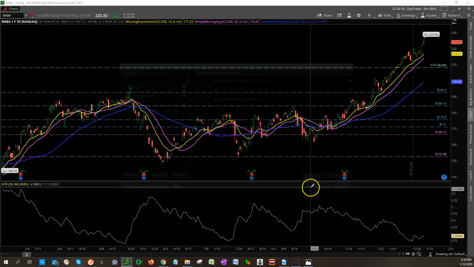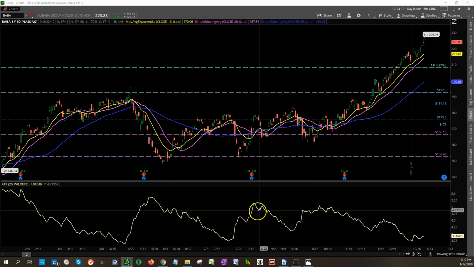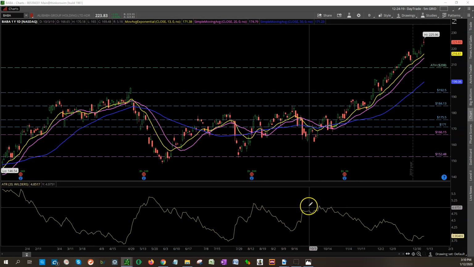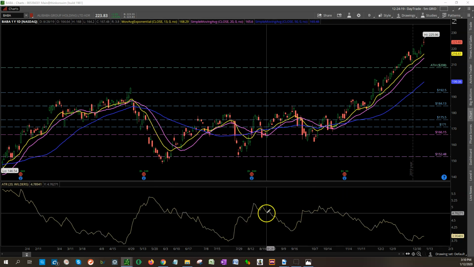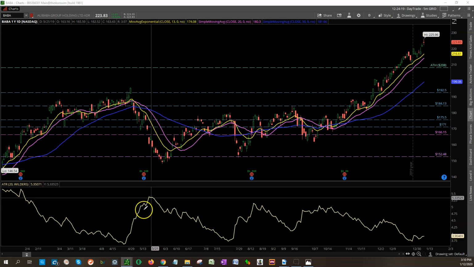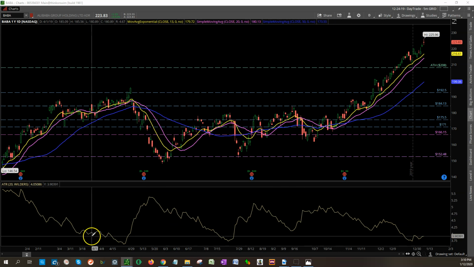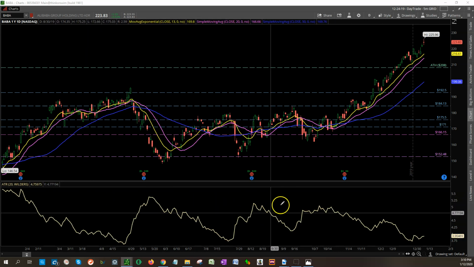So let's apply it, and you're going to see it shows us this squiggly line here. This is the average true range. Now, in my opinion, I don't like the line. I guess it's okay, but to me, it's a lot easier to see the information I want to see if it's in a histogram format.